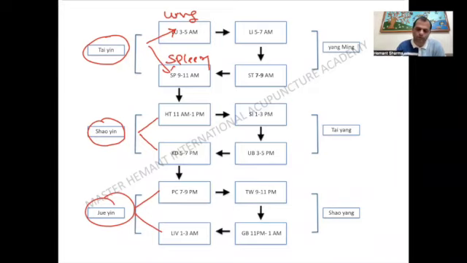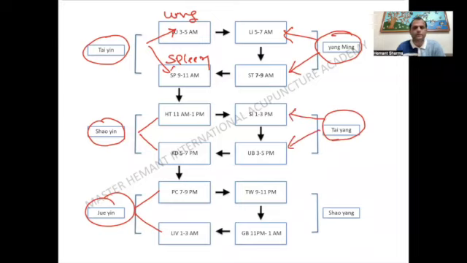And in the same way, Yang Ming. The meaning of Yang Ming is large intestine and stomach. Tai Yang. The meaning of Tai Yang is small intestine and urinary bladder.